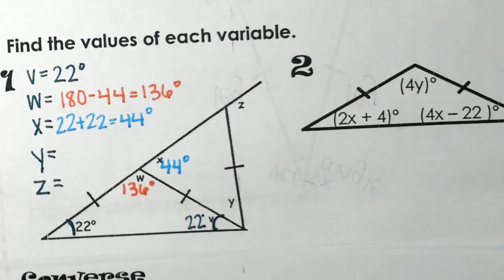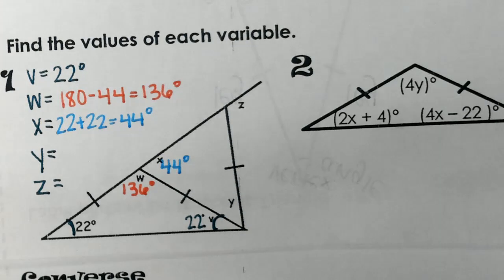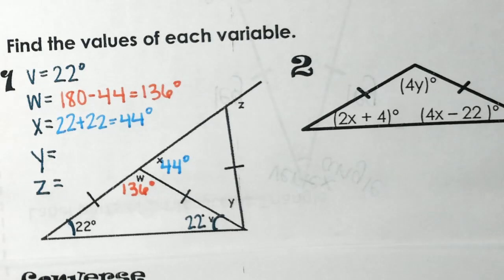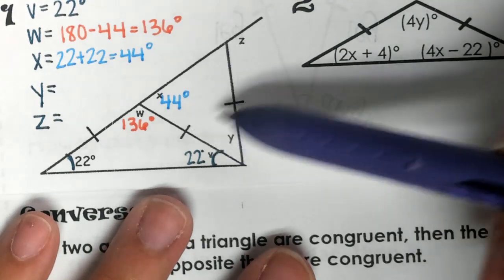All right. What about... I'm actually going to do Y last. What about Z? Y is 136. A linear pair with what? Do y'all see these tick marks right here?